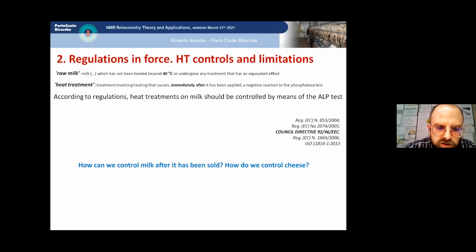More than focusing on changes involving one minor component of cheese, we propose a more complete method of analysis, which is based on NMR relaxometry, which is able to describe different effects of the thermal treatments. It is known that thermal treatments have multiple and complex effects on different components of milk.